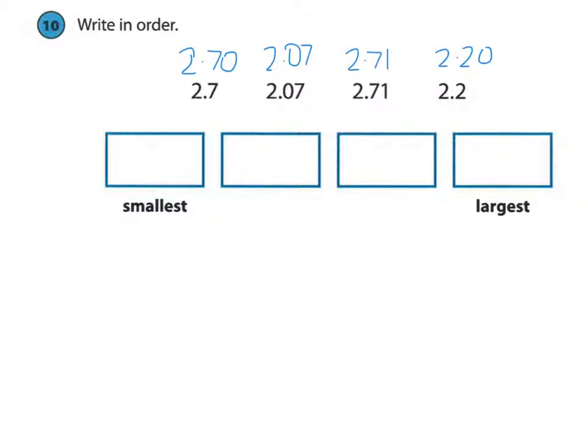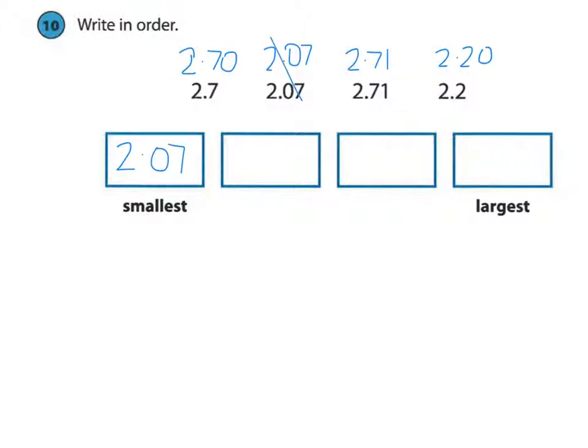We then have to work out which is the smallest decimal. As you can see, they all have 2 units. So we're then going to look at the tenths. Here we have 7 tenths, 0 tenths, 7 tenths and 2 tenths. This number here is the smallest because it has no tenths. 2.07.